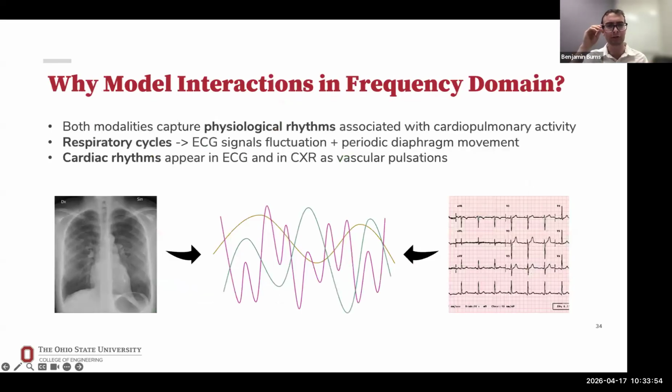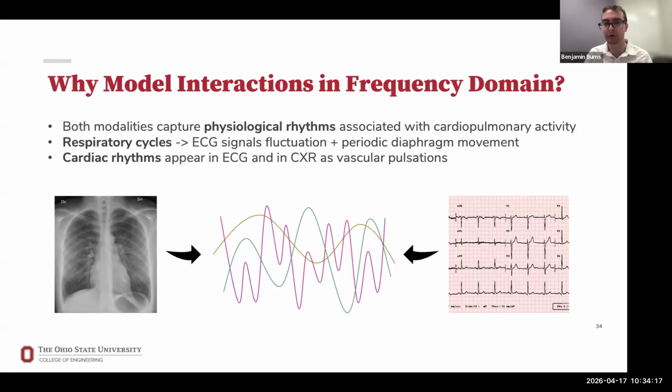So let's start with the frequency domain. And to motivate why we're using the frequency domain, we have to understand that both of these modalities, ECG and CXR, capture physiological rhythms associated with cardiopulmonary activity. So it makes sense to analyze the rhythms and the frequencies in the frequency domain.